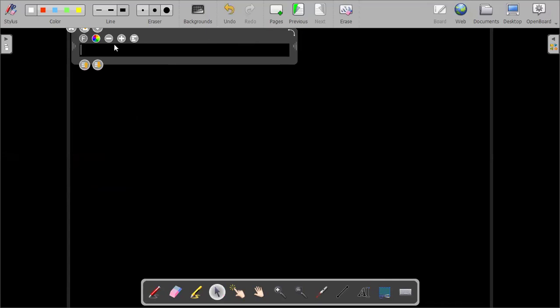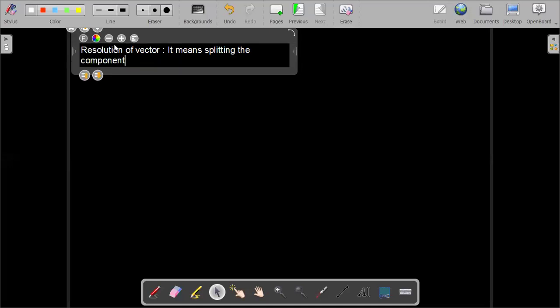Let us understand the resolution. It's a small topic, resolution of a vector. Resolution of a vector means splitting the components of a vector along mutually perpendicular axes.